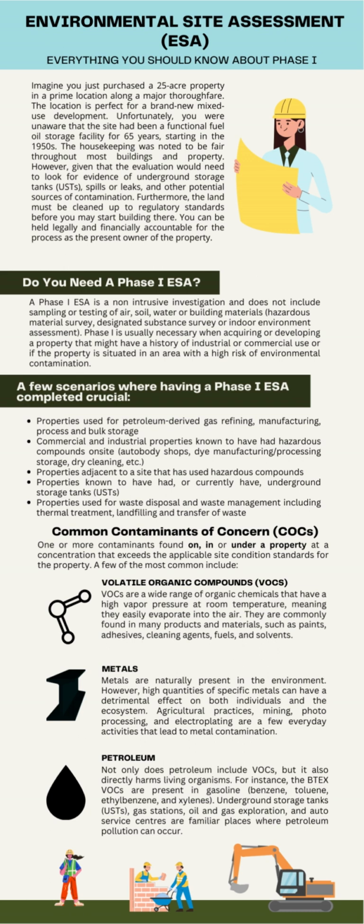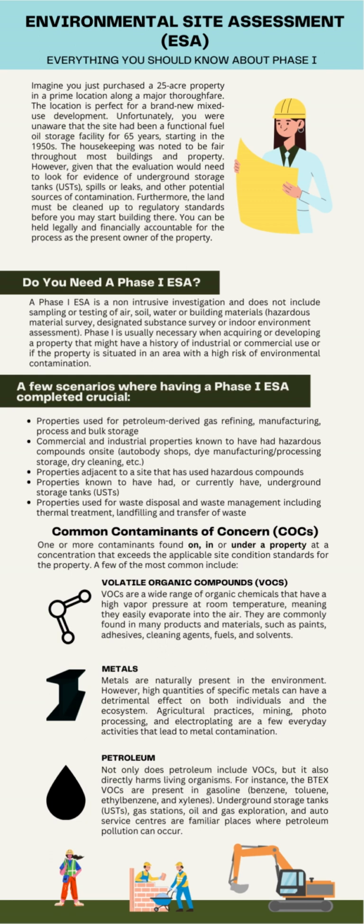Not only does petroleum include volatile organic compounds, but it also directly harms living organisms. For instance, benzene, toluene, ethylbenzene, and xylenes, or what we call BTEX, are present in gasoline. Underground storage tanks, or USTs, gas stations, oil and gas exploration, and auto service centers are familiar places where petroleum pollution can occur.